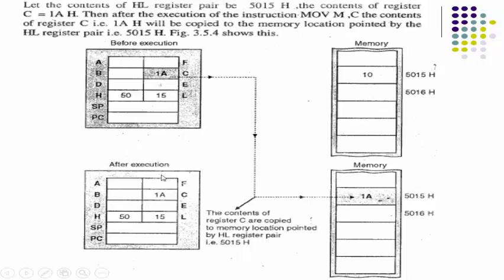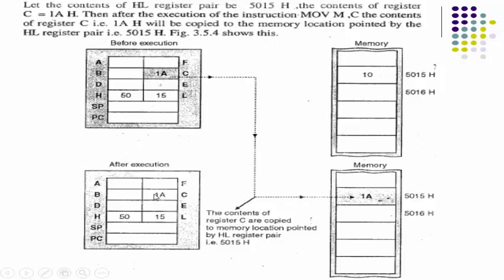After the execution of MOV M, C, the data available in the C register, that is 1A hex, gets copied into the memory pointed to by the HL register pair at location 5015. That is, the 10 hex gets overwritten with the new data, the C register data 1A hex.